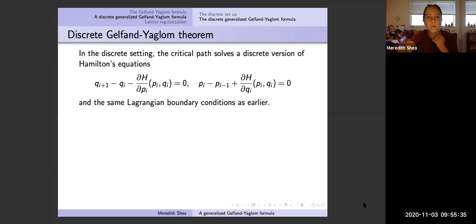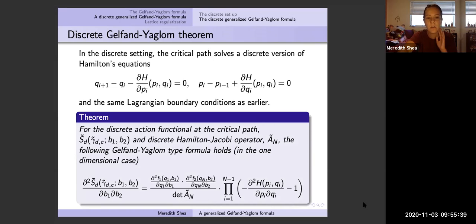And so from this, we're ready to state the discrete Gelfand-Yaglom theorem. Generalized, I guess. So for the discrete action functional at the critical path and discrete Hamilton-Jacobi operator, A tilde n, the following Gelfand-Yaglom type formula holds, and this is just written in the one-dimensional case. And so it looks very similar.